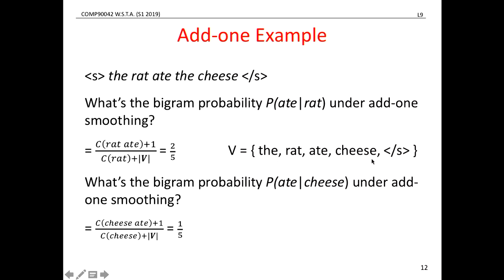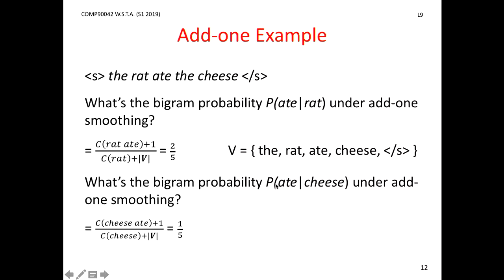But yeah, there's 4 unique tokens plus the special sentence end symbol, so I think that denominator should be 6 in my mind, because there are 6 possible contexts here in which it could be seen. So yeah, anyway, I'll fix that up later to make sure. And I won't dwell on it at the moment.